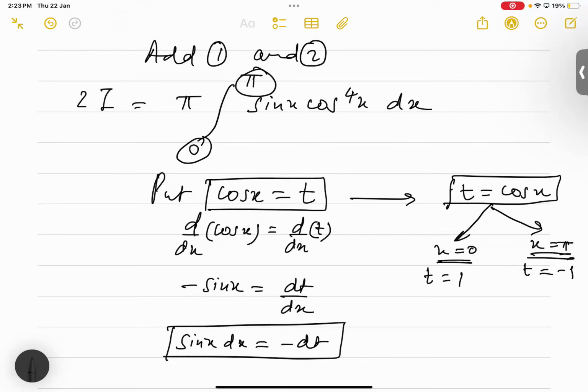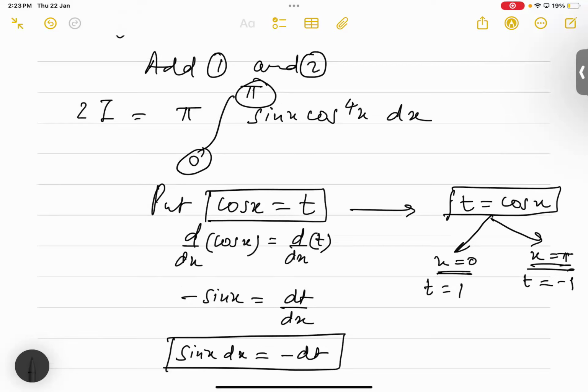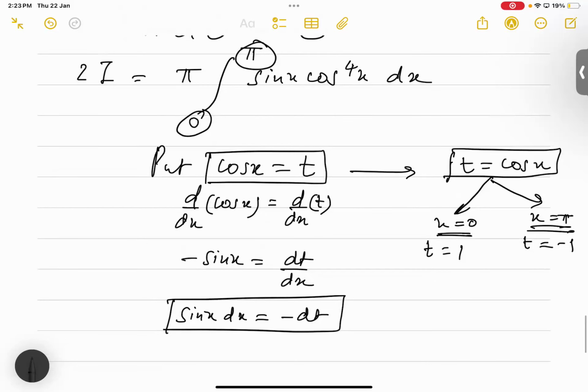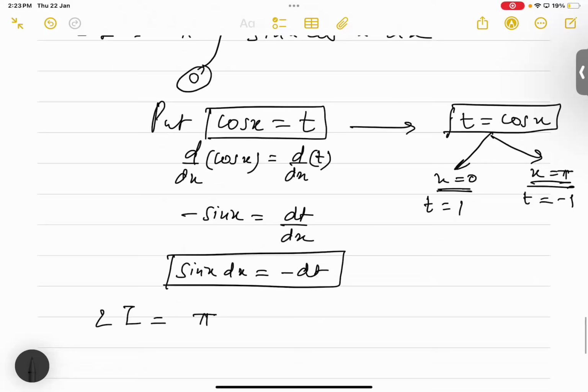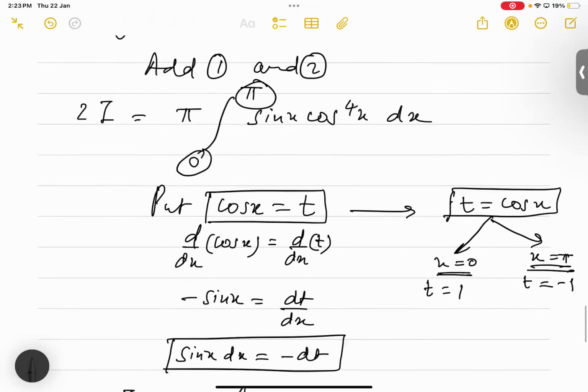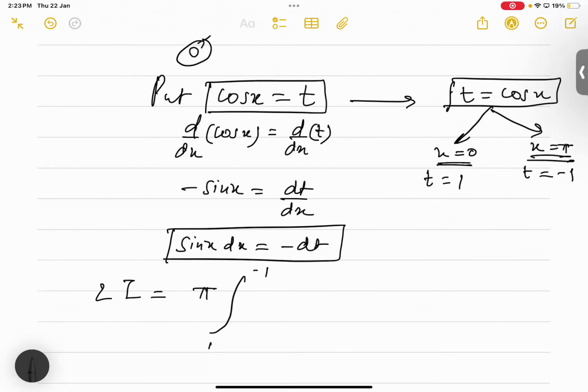So in 2I, 0 will be replaced with 1, and pi will be replaced with minus 1. You have changed the limits. Then what?